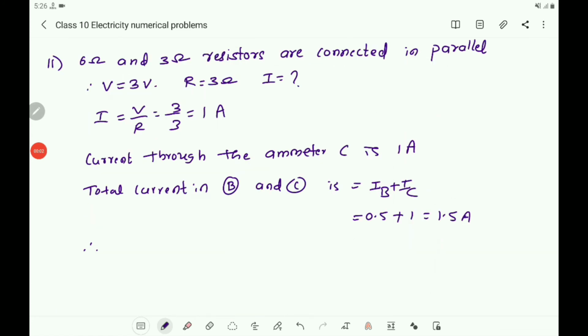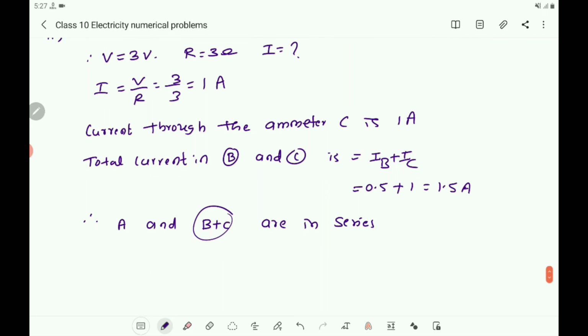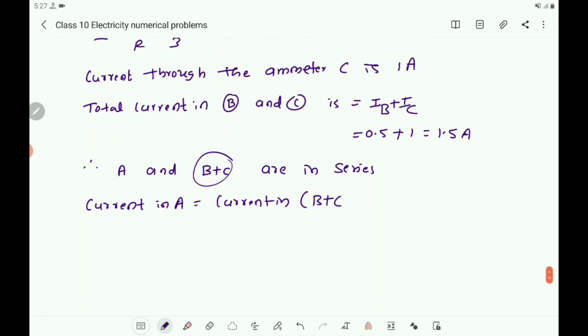So you write A and B plus C are in series. Ammeter A and ammeter B plus C are in series. Therefore current in A equals current in B plus C, that equals how much? 1.5A.